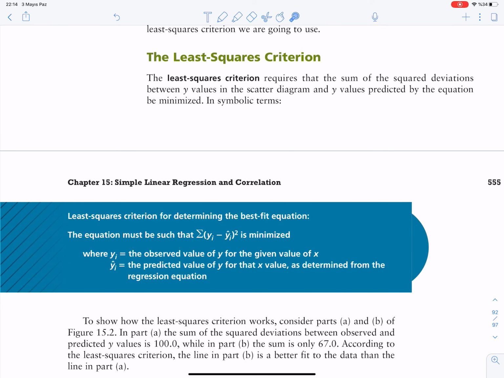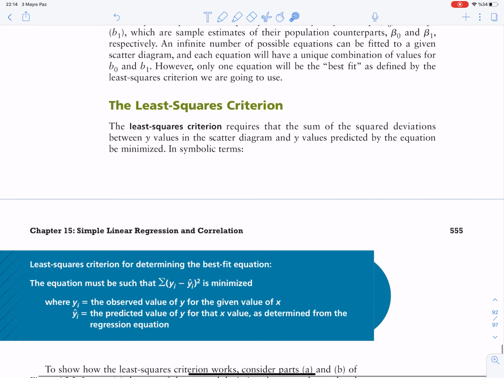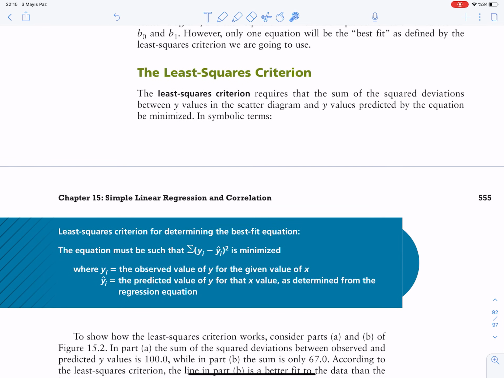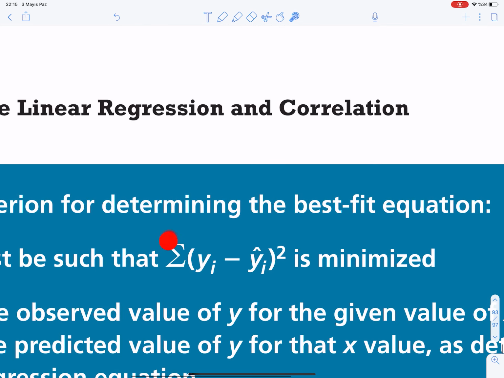The least square criterion requires that the sum of the squared deviations between the original values of the dependent variable in the scatter diagram and the y values predicted by the equation be minimized. So we are minimizing that summation. This is the aim of ordinary least square estimation, to minimize this quantity.